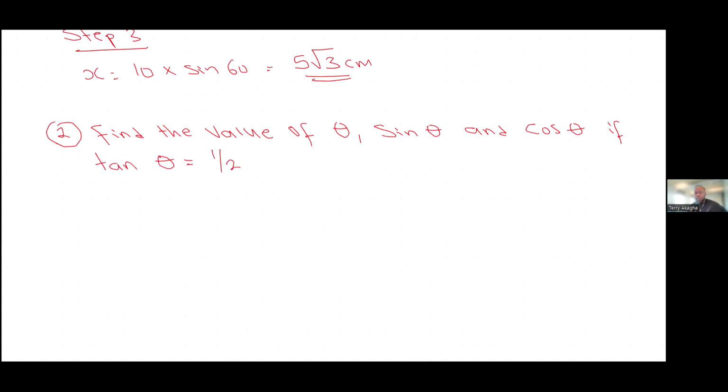Now, this is interesting because in this case they've given you a trig ratio, and they want you to find the value of other trig ratios. So how do you go about it?